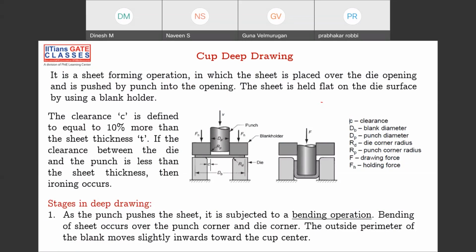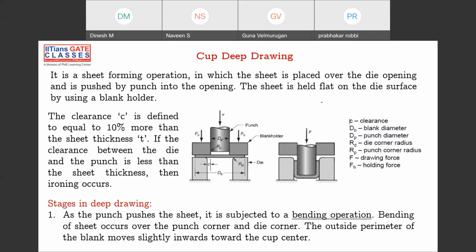Then you should be able to approximately guess that this is a sheet, so it's a glass, so obviously there's no possibility that it's going to be made by casting or metal cutting. Obviously it is made by forming. In forming also it comes under this deep drawing section, because you're trying to make a cup, right? So this is what is cup drawing.